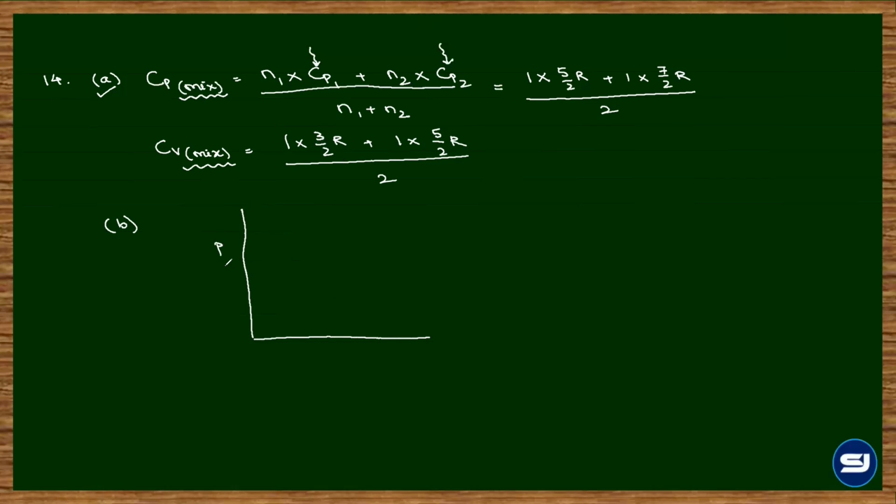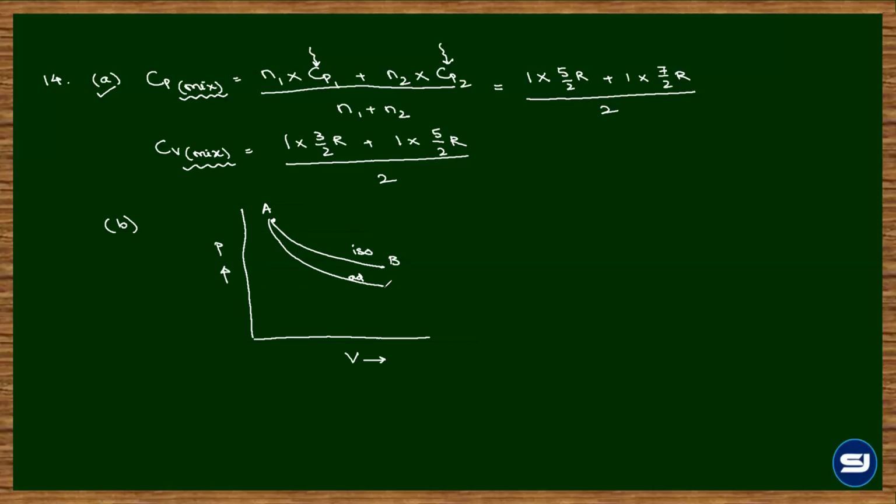If I have the PV diagram for isothermal and adiabatic, what is the difference in the curves? The adiabatic curve is steeper. So if I draw the two curves, the first one is isothermal and the second is adiabatic.